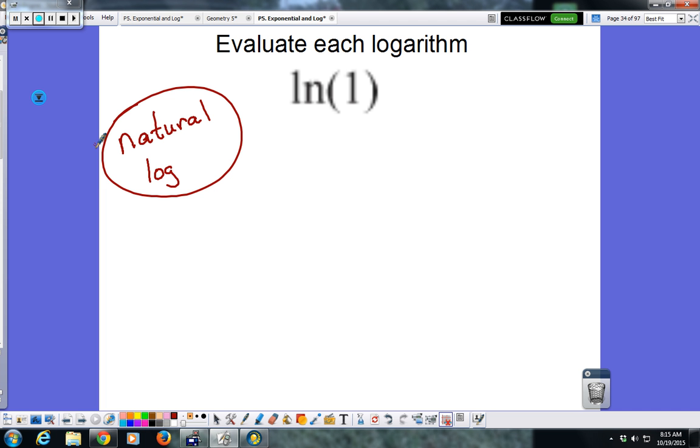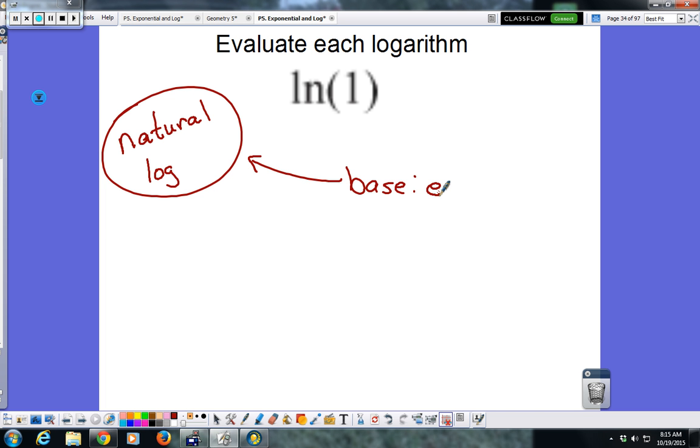If the base of a common log is 10, what would the base of a natural log be? Here it comes again. The base is E. Here comes that E stuff back.